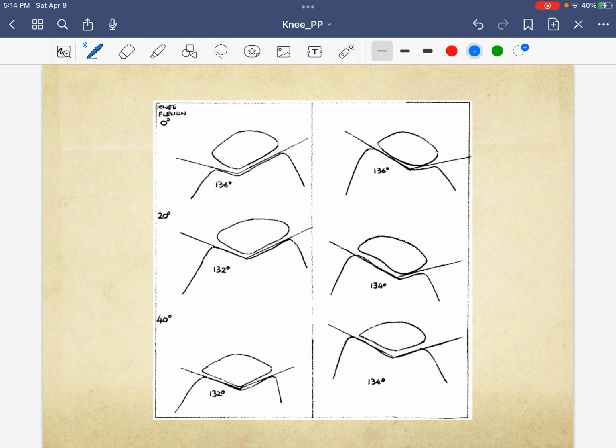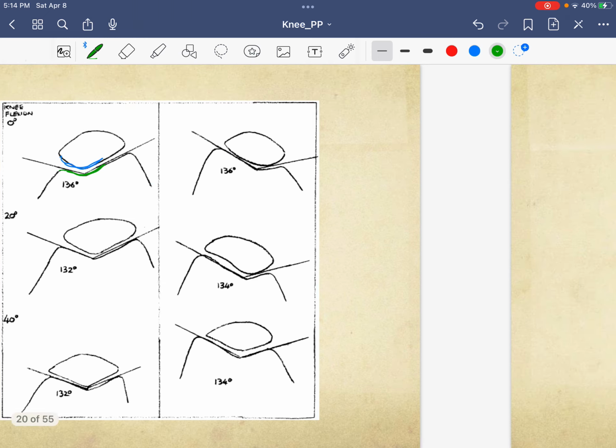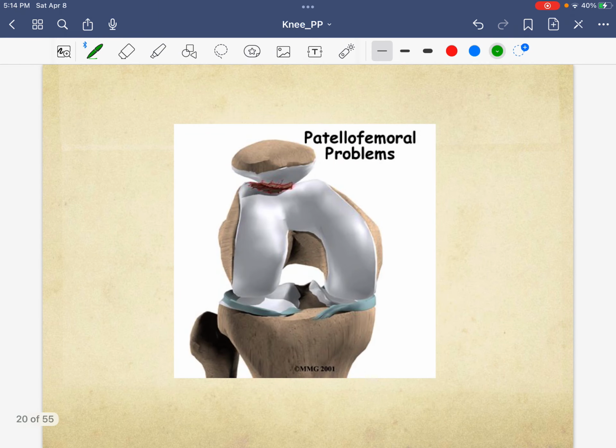Okay. So this shows you at different angles of flexion, 0 degrees up top, 20 degrees, and then 40 degrees in knee flexion, how that patella sits in the groove. Don't get too worried about this, but what we can notice again is the underside of the patella is concave, and then the patellofemoral groove is convex. So they're meant to glide together.